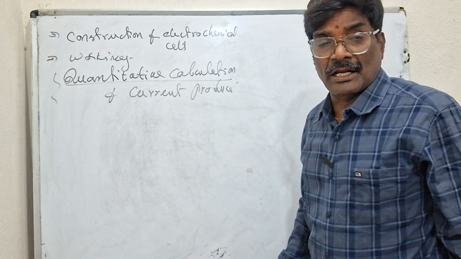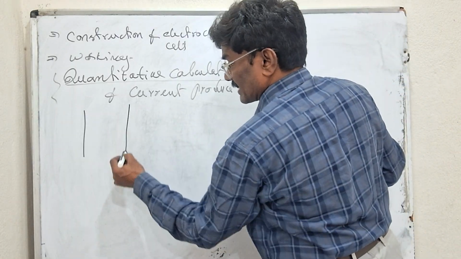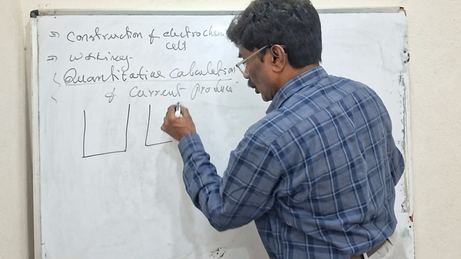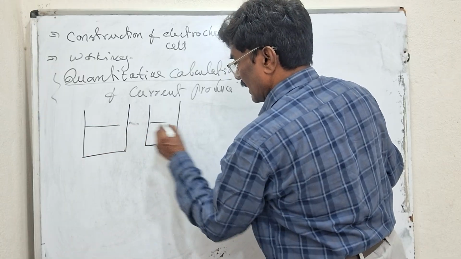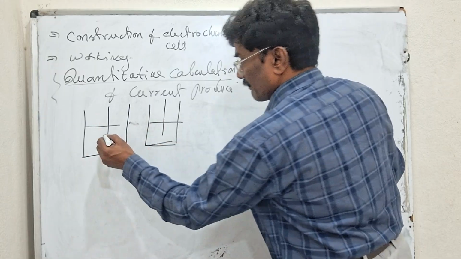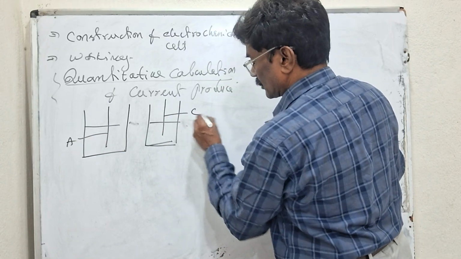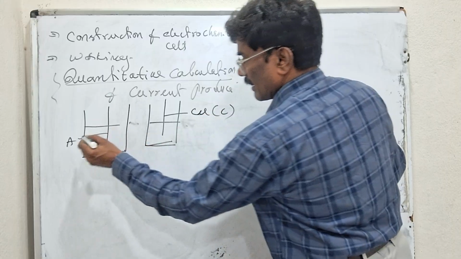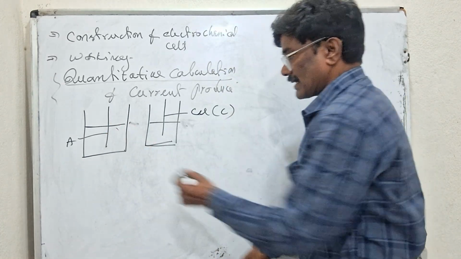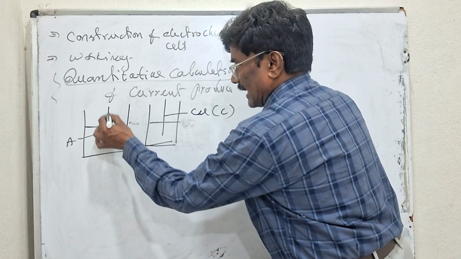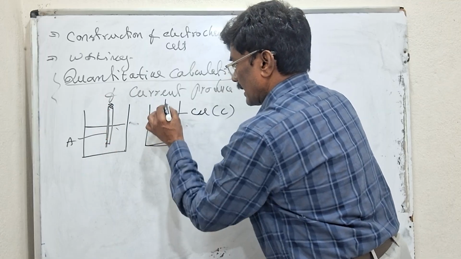So, quantitative calculation. As we know, on the left side is always the anode, by convention, and on the right side the cathode. In the case of the Daniel cell, we have a zinc rod on the left side and a copper rod on the right side. The zinc rod is the anode and the copper rod is the cathode, with their respective salt solutions, connected by a copper wire.